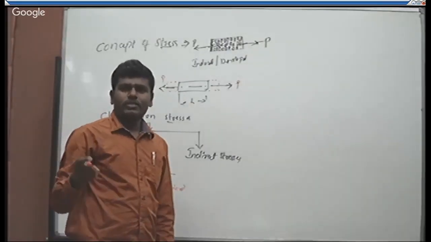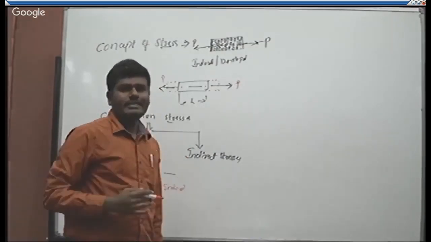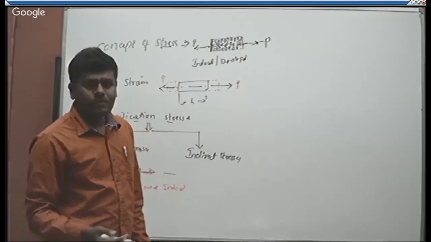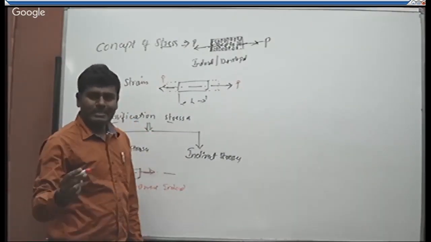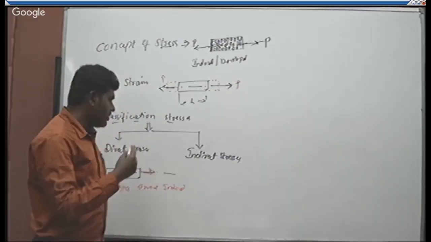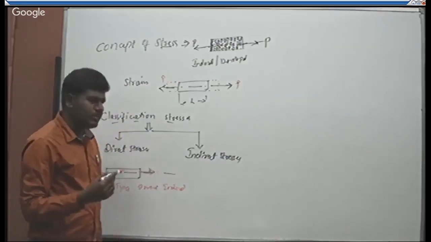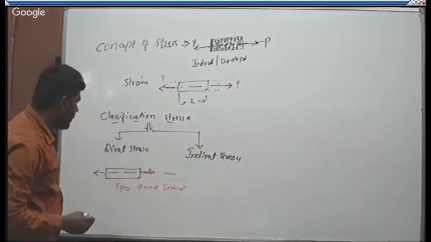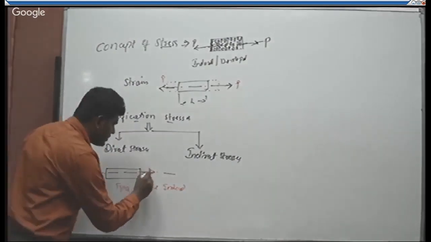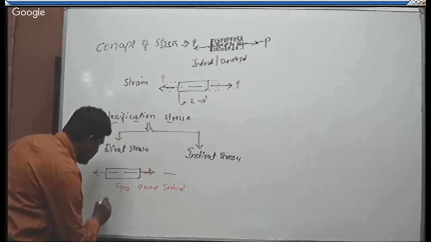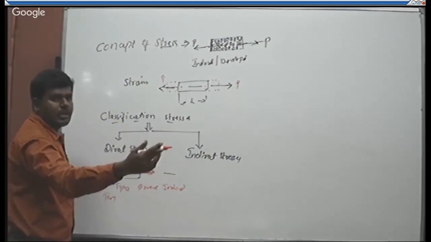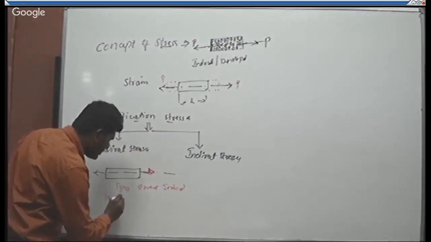The stresses are directly induced in the material. Due to the action of a tensile force, a tensile stress is induced in the body; due to a compressive force, a compressive stress; and if the force is a shear force, the stress induced is shear stress. If the direction of the external force is away from the body, we term it tensile stress.